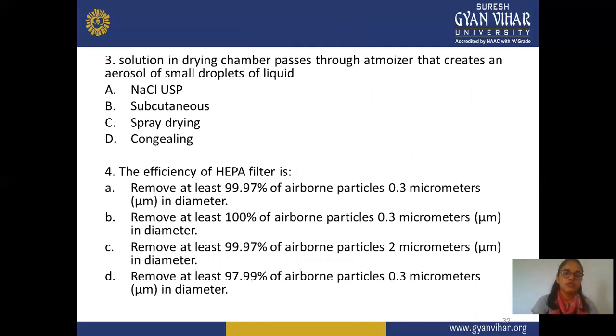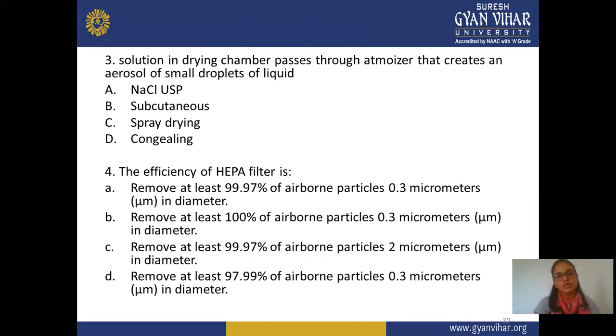Next, in the third question: a solution in a drying chamber passes through an atomizer that creates an aerosol of small droplets of a liquid. A is NaCl, B is subcutaneous, C is spray drying, D is congealing. Next, the fourth question: the efficacy of a HEPA filter is to remove at least 99.97% of airborne particles 0.3 micrometer in diameter.